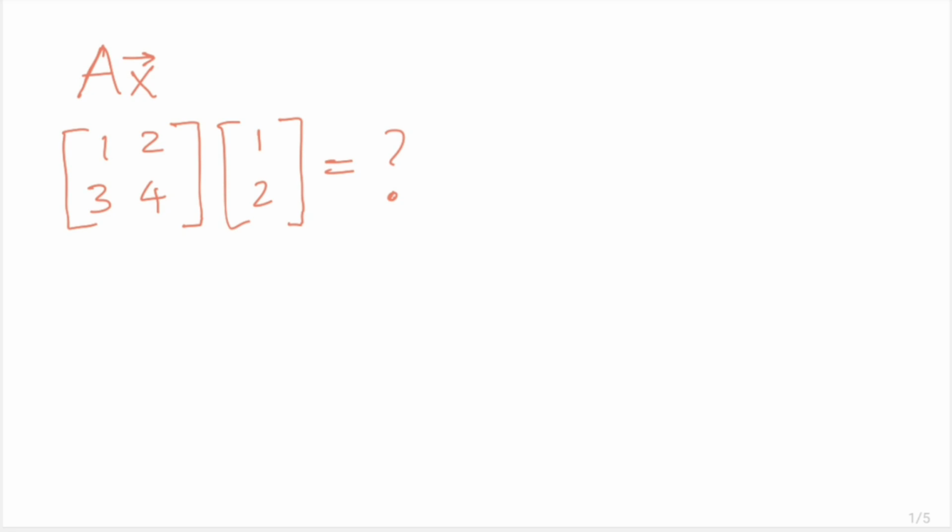Traditionally, the matrix vector product is defined in terms of what is known as a dot product, the dot product of two vectors.